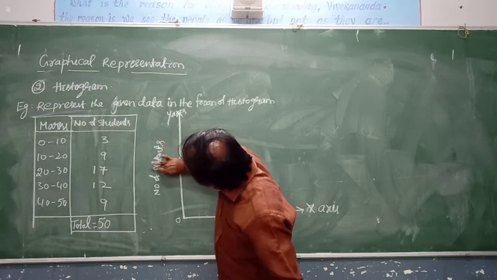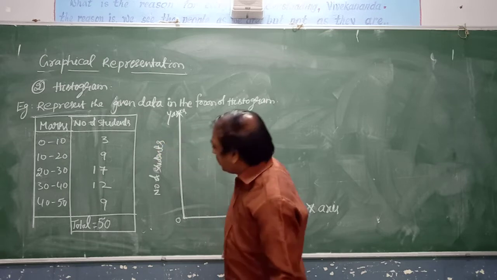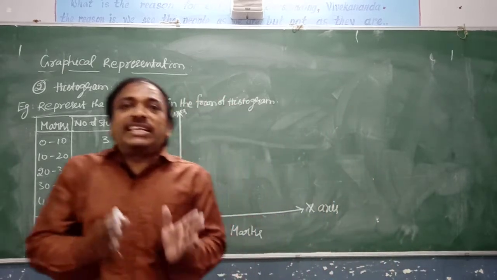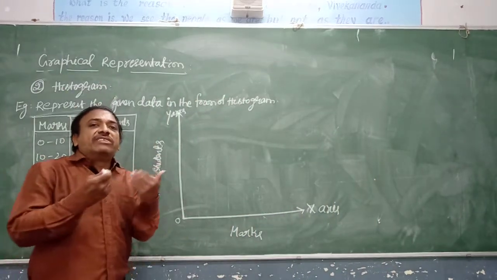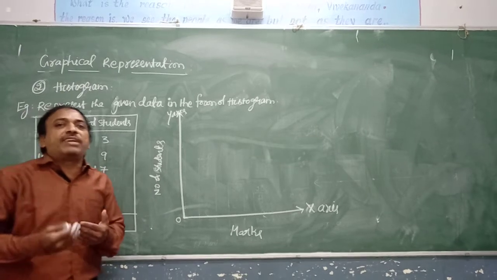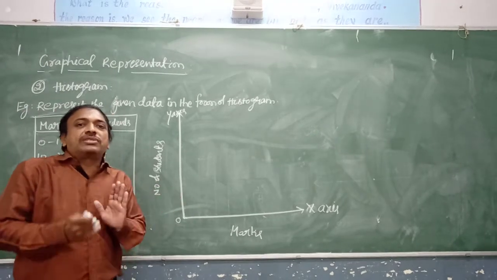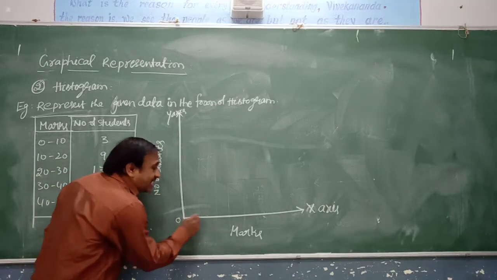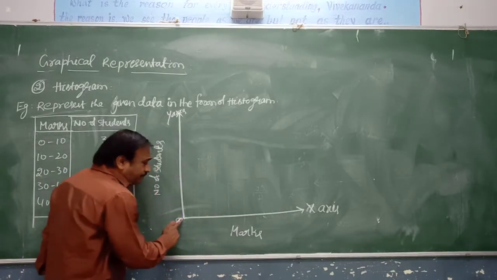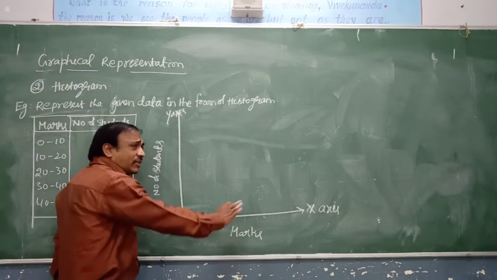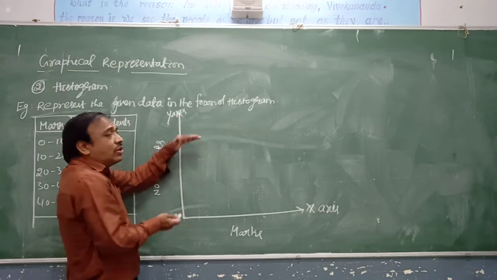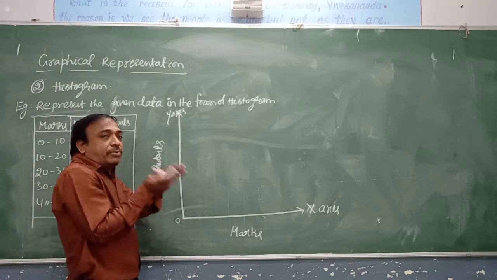Why are we doing it on the graph sheet? Because it will be easy for us to locate the values and it gives a nice look. Look, for 0 to 10 the class interval is 1 centimeter. Each one has 1 centimeter boxes.